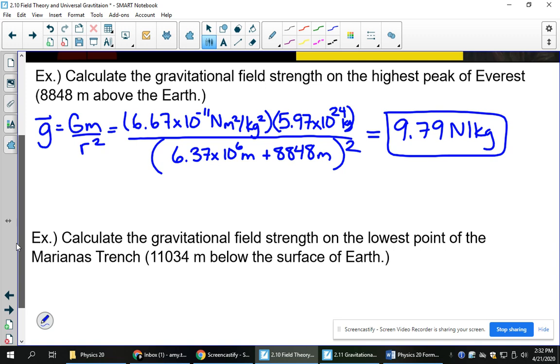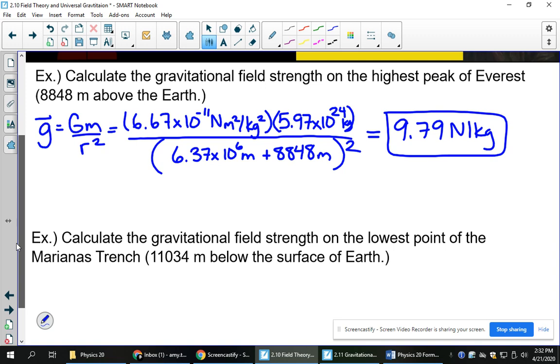So we would have less acceleration due to gravity or gravitational field strength. So the further you get away, the less that object is acting on you, the less the gravitational field strength is. You would think by similar logic that if you got closer to that object, that the gravitational field strength would then increase. So see if that's true for the next example.